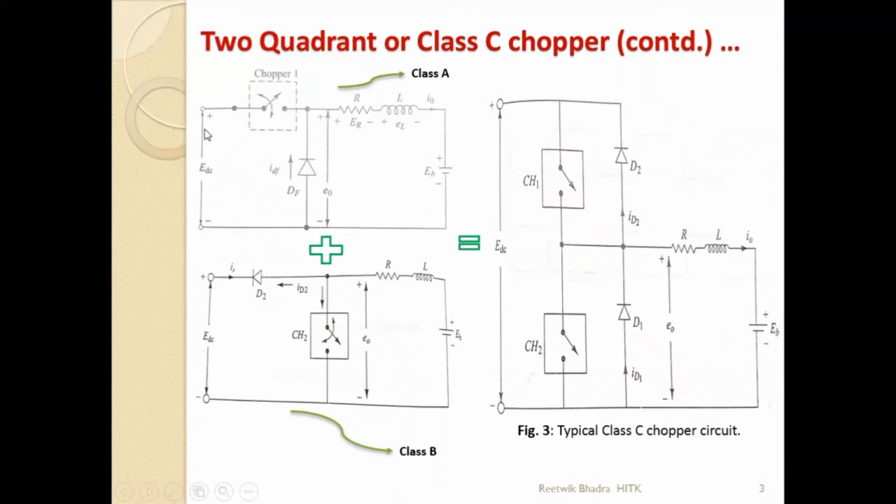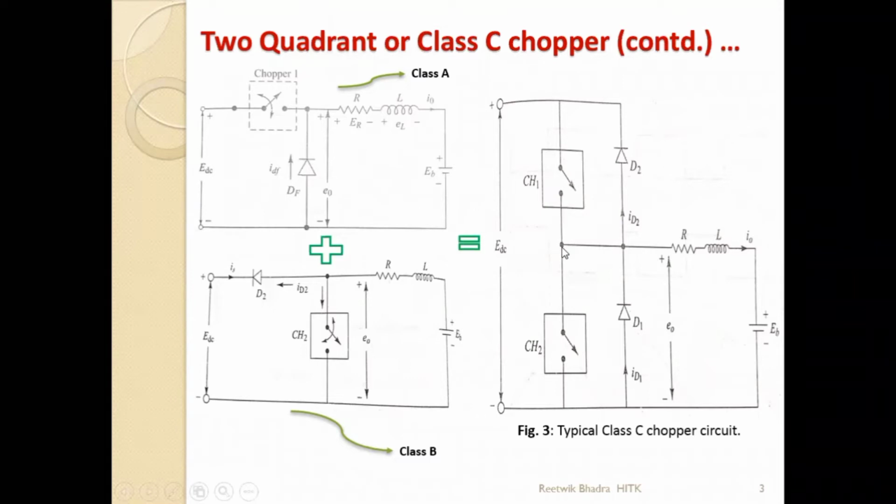Okay, so from this plus point to this chopper CH1, chopper 1. Then from this chopper end, that is connected to the RLE load, and that goes to the negative.